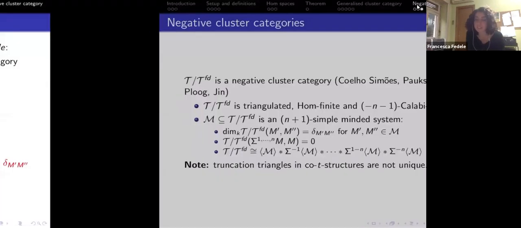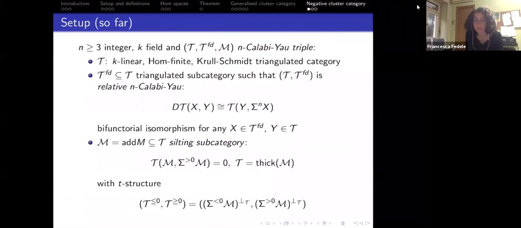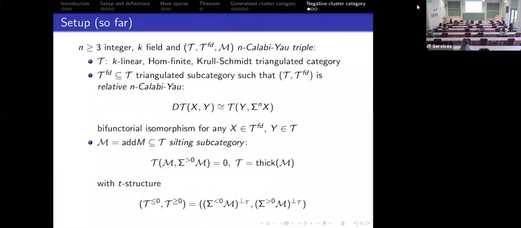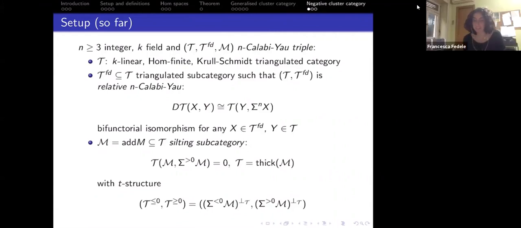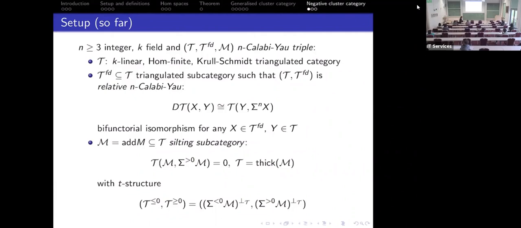So you mean for the silting objects, right, your M? Yes, so you start with another silting object in another silting subcategory, which is close enough to your M. Would this induce other cluster tilting objects in your generalized cluster category? I actually didn't think of that. I can't recall if I read something similar to this or not, but maybe, possibly. Okay.